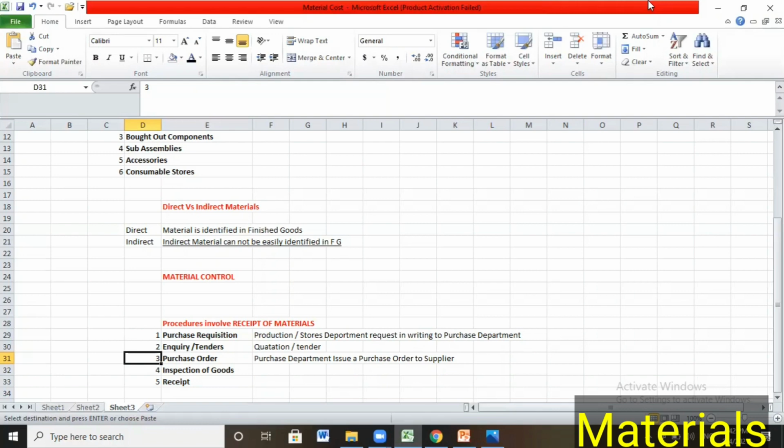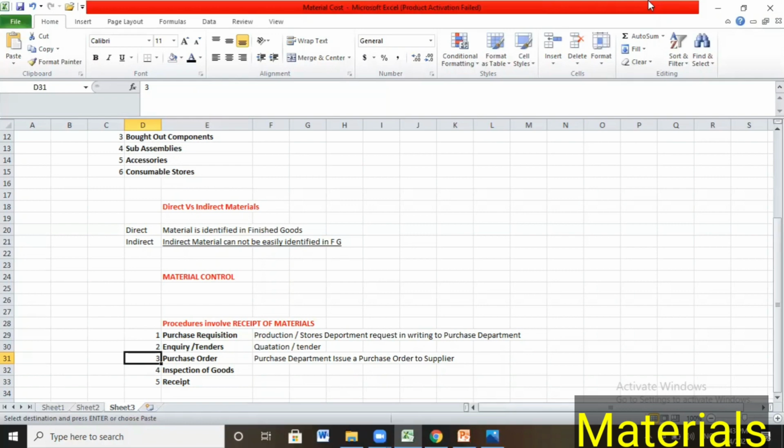It is a legal document since it is a contract between purchaser and the supplier for the supply of material on agreed terms. It is a managerial document as it is used by various departments such as purchase for ensuring the supply of materials, by stores for receipt and inspection of materials, and by accounts for approving the purchase invoice for payment.